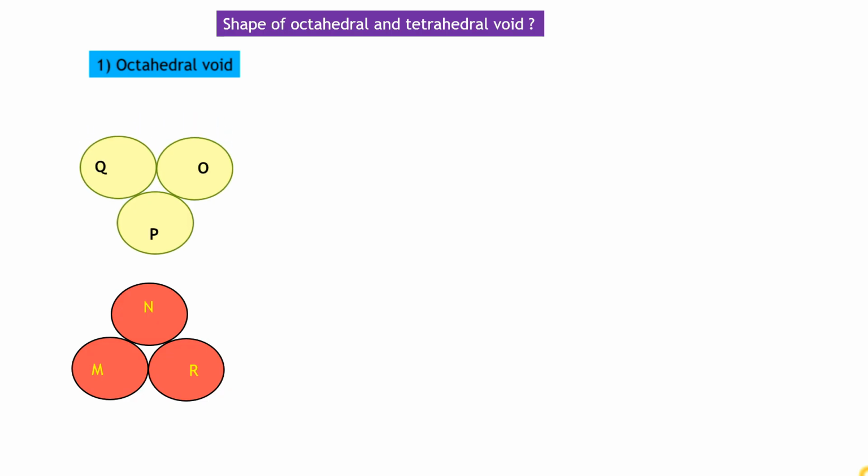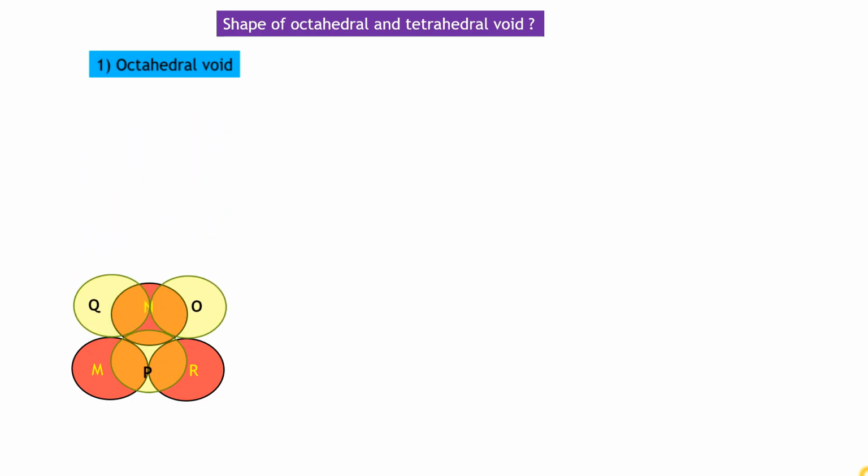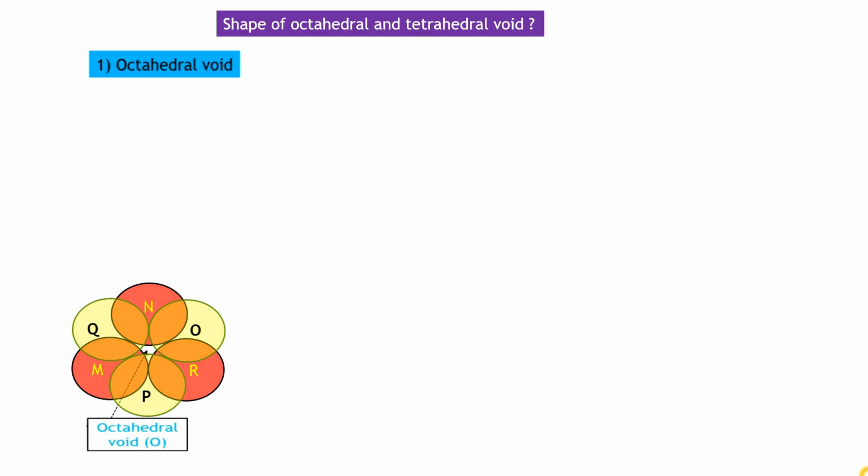While placing three spheres of one layer over three spheres of another layer, octahedral voids are formed. Here octahedral voids are represented by the letter O. Octahedral voids are formed by joining all the centers of spheres N, M and R, and also the centers of spheres Q, O and P.